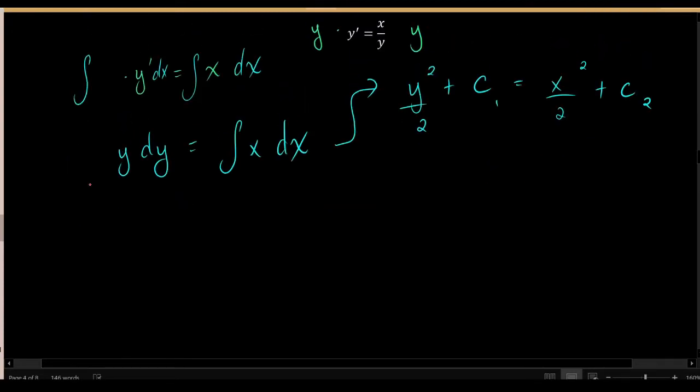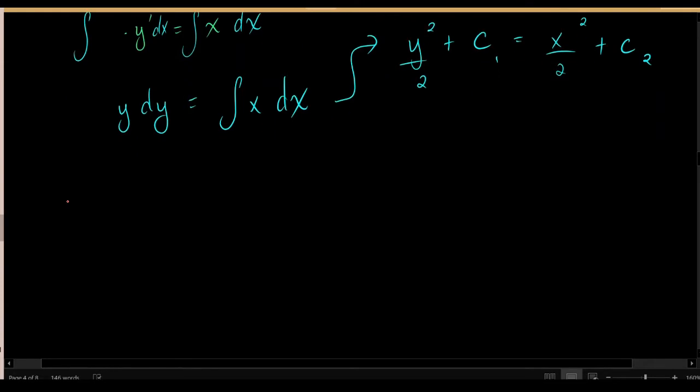Alright, I made a little bit more space for myself. So now I'm going to begin the process of solving for y. I'm going to boot that c sub 1 to the right side of the equation. Y squared over 2 is equal to x squared over 2 plus c2 minus c1.